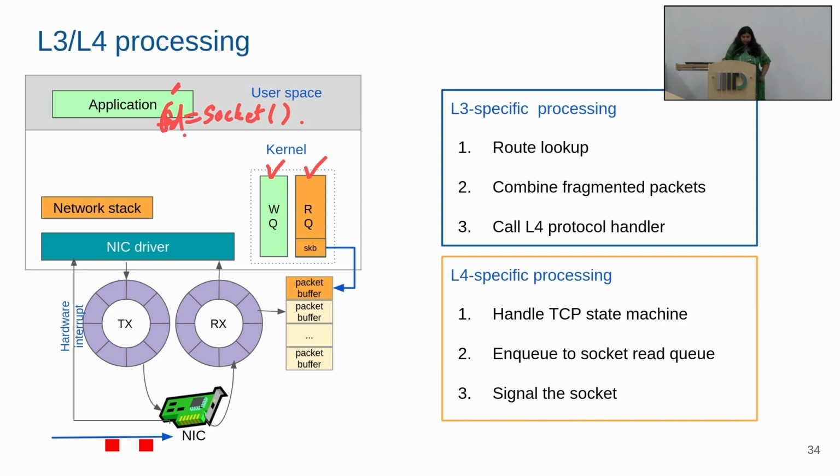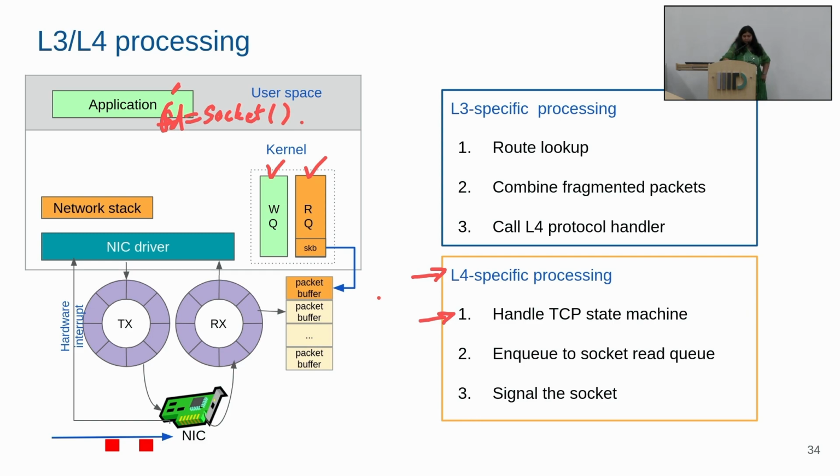Now, we were talking about layer 4 processing. So what does TCP do? It handles the TCP state machine. Can anybody tell me, is TCP connection oriented or connectionless? Connection oriented, which implies there is a first part where you establish a connection between the 2 endpoints, after which you start sending data.